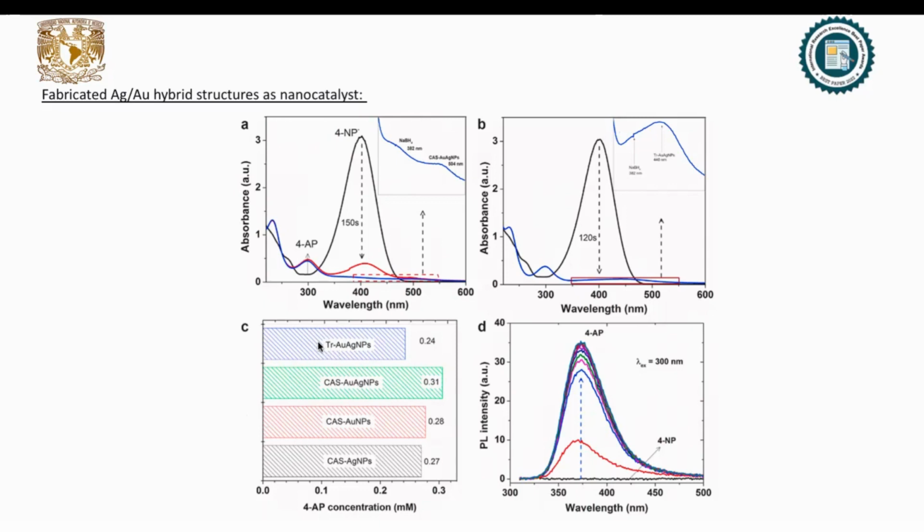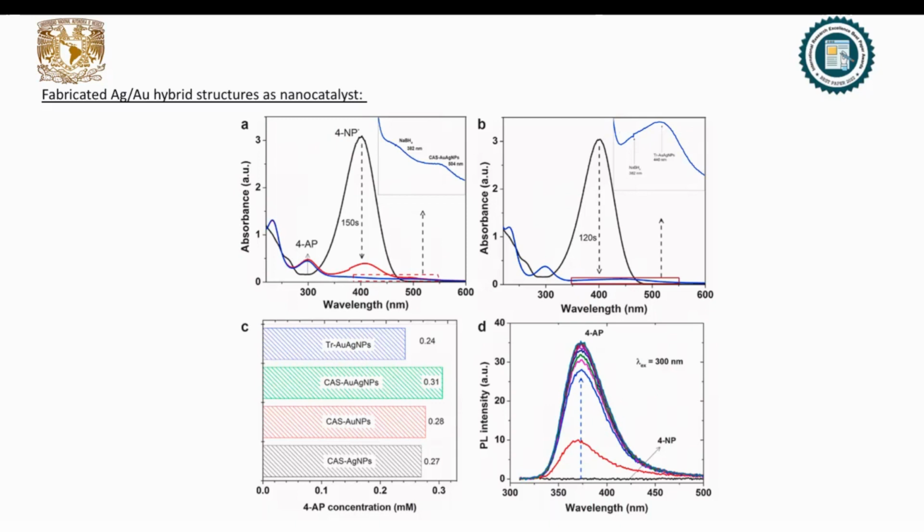With the chemical method the yield is 0.24, meaning 24% of aminophenol, while the coffee-made nanoparticles from green synthesis give 31%, almost a 7% increase in production of 4-aminophenol.